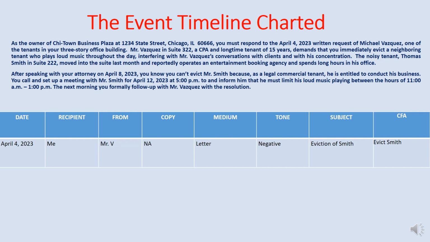Copy. I don't know if there were any CCs, BCCs, attachments, or anything, so I just put in NA for not applicable. We know it's a letter because we said we got a letter. The tone is negative. We know it's negative because he's not happy. And what's the overall subject? He wants Smith evicted.